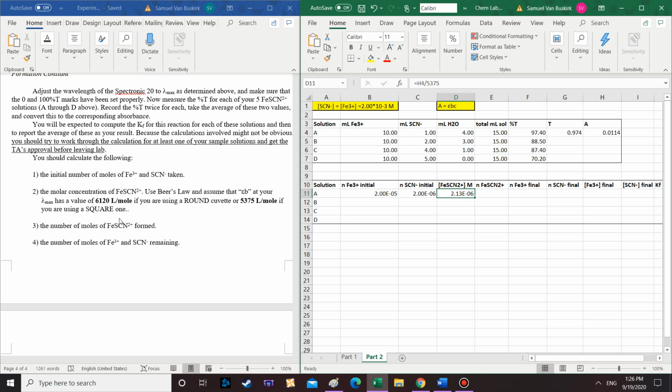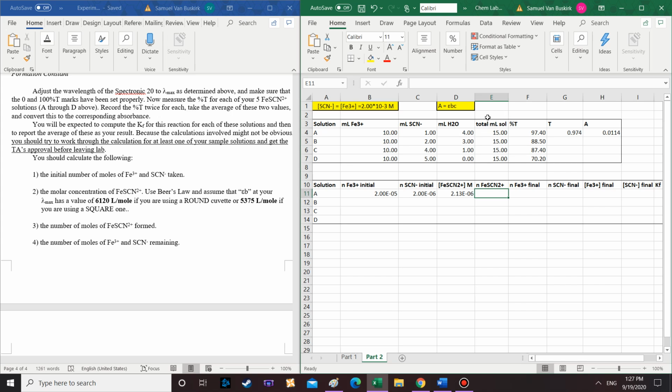Now we need to know the number of moles. That's pretty much the same as our calculation over here, where we multiplied the concentration by the volume that we added. We're not adding this; this is what we made. But we do know how much is present based on our total milliliters of solution.